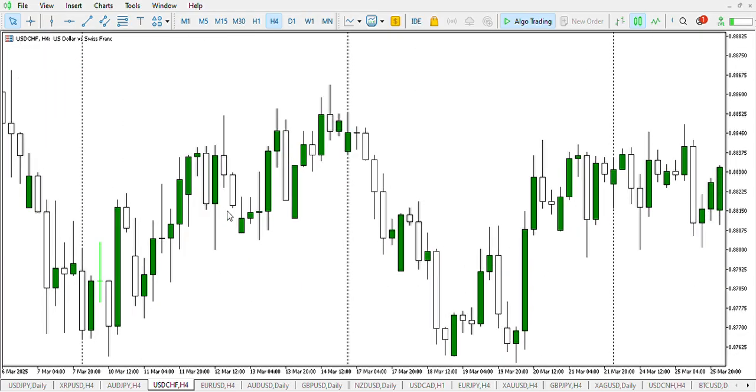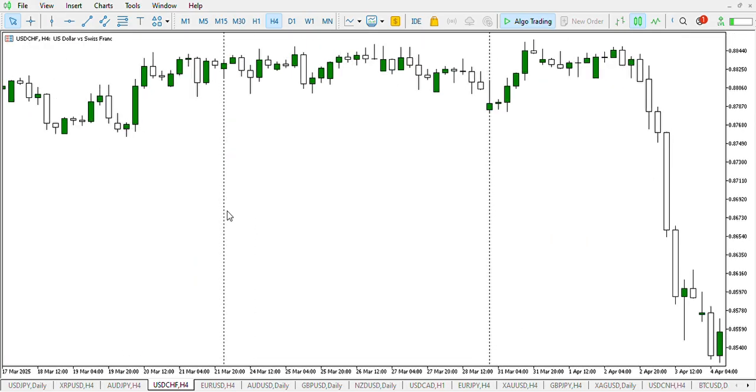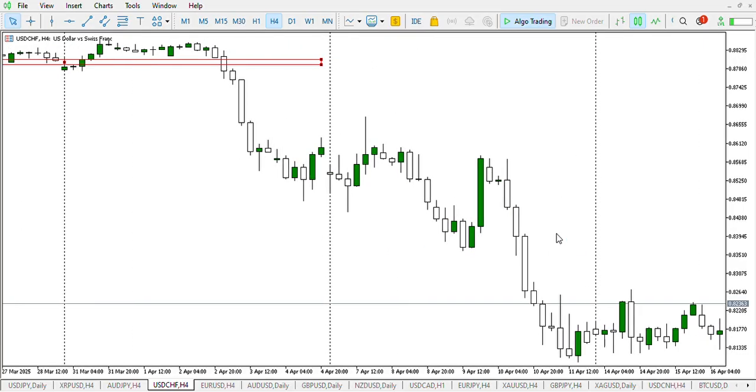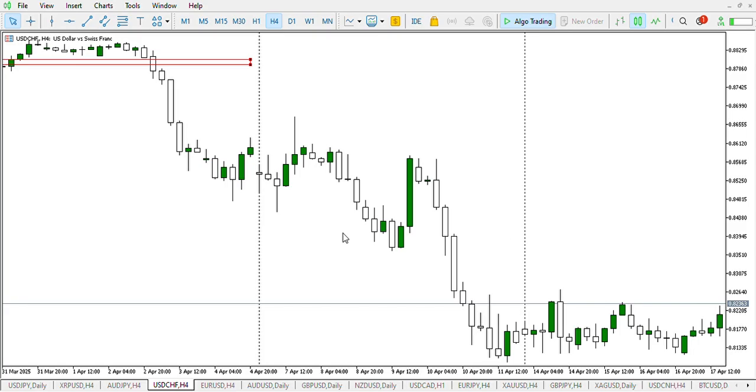So it is that simple. You can see just as price broke, price created the fair value gap and continued to drop critically.